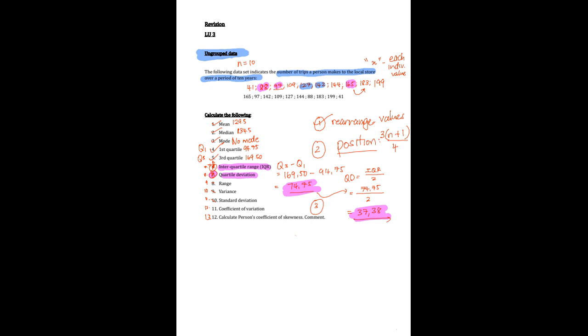So I'm going to randomly pick a number. Let's just say 59. So it'll say the 59th quartile. Oh, sorry, 59th percentile. Sorry, I'm just writing the wrong word here.